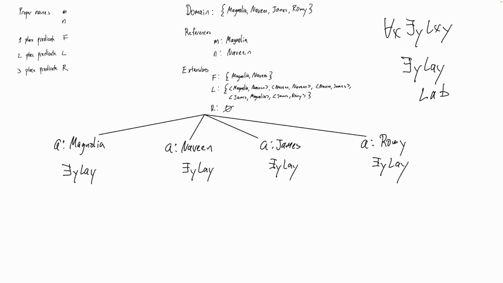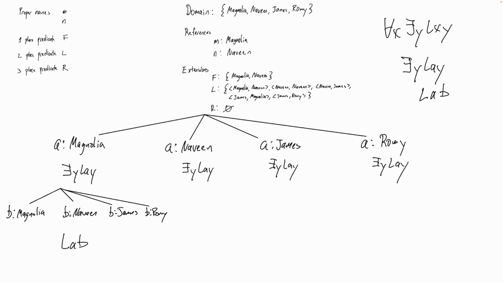Since there are 4 members of the domain, there are 4 ways of expanding that valuation by assigning a referent to B. One where B refers to Magnolia, one where B refers to Naveen, and so on.